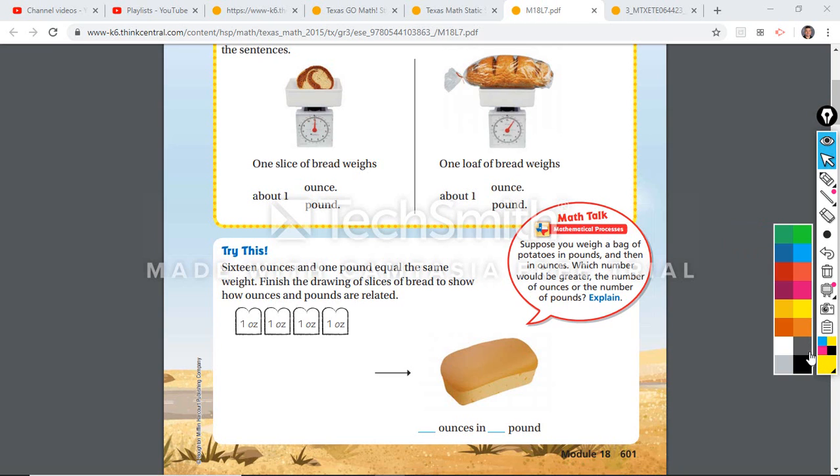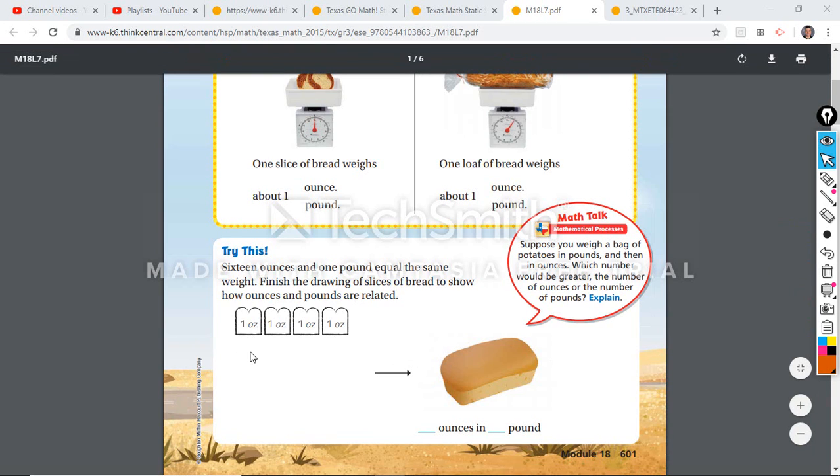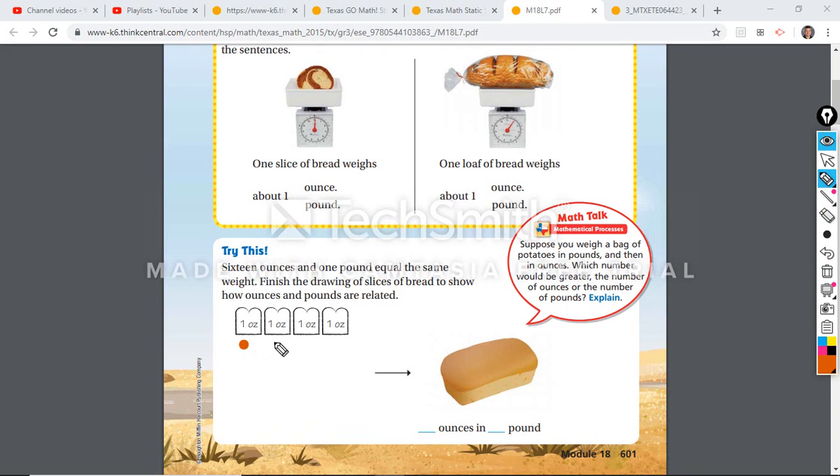So we know 16 ounces make a pound, so we need to do 1, 2, 3, 4. 1, 2, 3, 4. 1, 2, 3, 4. So I have an array of 4 columns, 4 rows, and we're using these as if they were slices of bread. I just did the dots to make it a little bit quicker for us. So 16 ounces are in 1 pound.